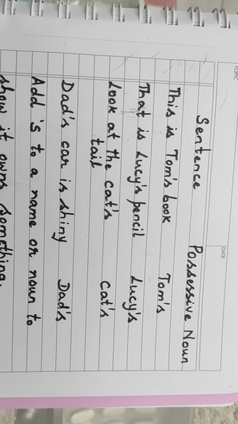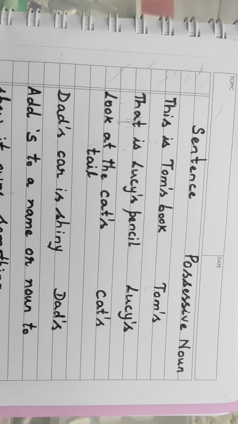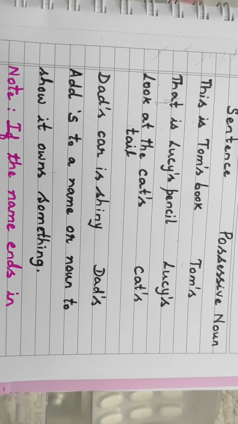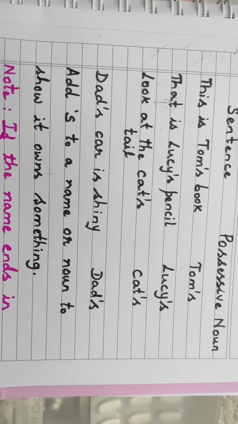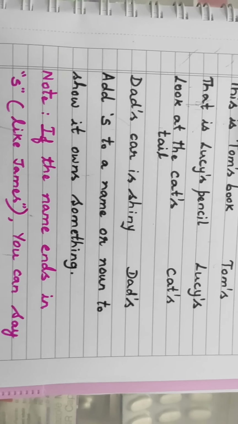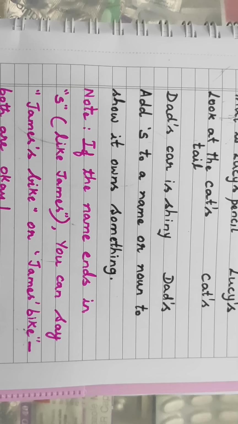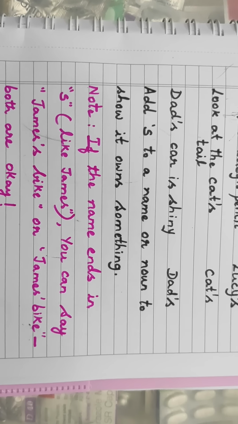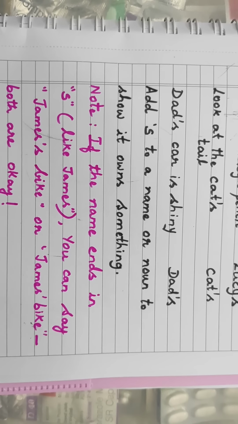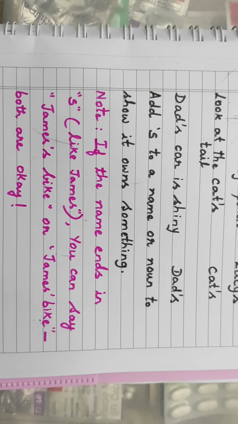Dad's car, dad apostrophe s, because the car belongs to dad. So you add s to a name or noun to show it owns something. If the name ends in s, like James, you can say James apostrophe s bike or James'.